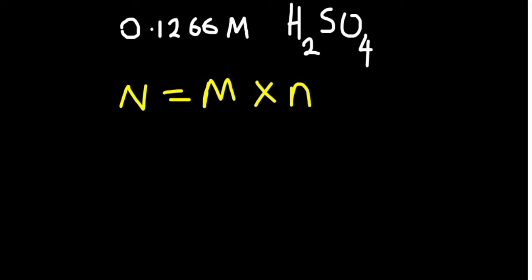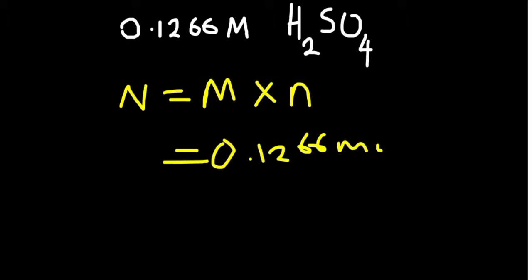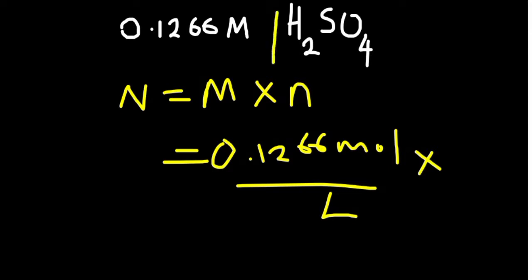In this case we have been given an acid, so the molarity has already been given to be 0.1266. By now we know that molarity is moles per liter, so we have moles per liter multiplied by N. In this case our N is what? How many hydrogen ions are in this acid?